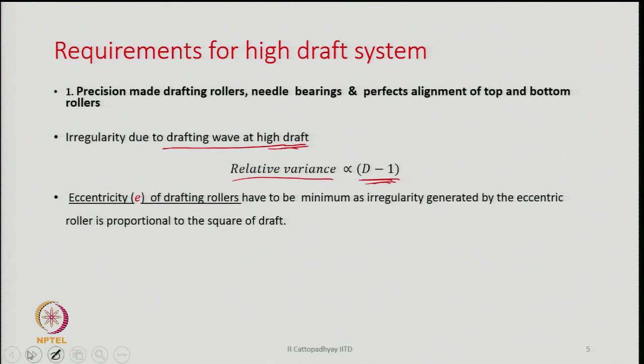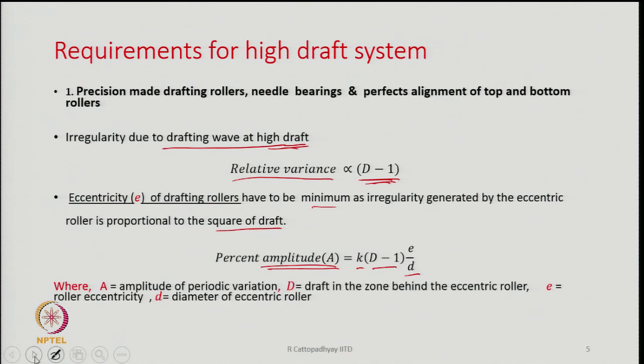The other thing is, the eccentricity of the drafting rollers has to be minimum, as irregularity generated by the eccentric roller is proportional to the square of draft. If the rollers are eccentric, the percent amplitude in the mass per unit length because of eccentricity is k into (d minus 1) into e by d. And what are these parameters?